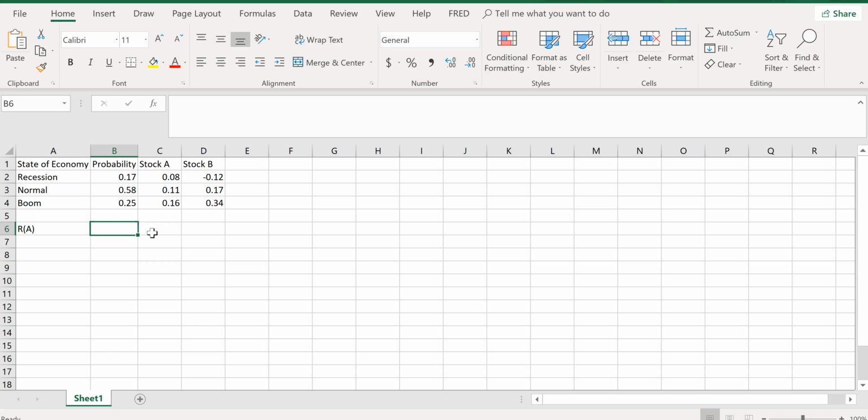So first, the expected return R A is, remember, the expected return is simply the weighted average of returns, and the weight here is the probability under each economy state.